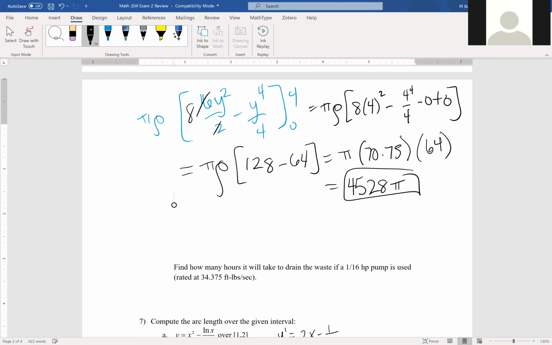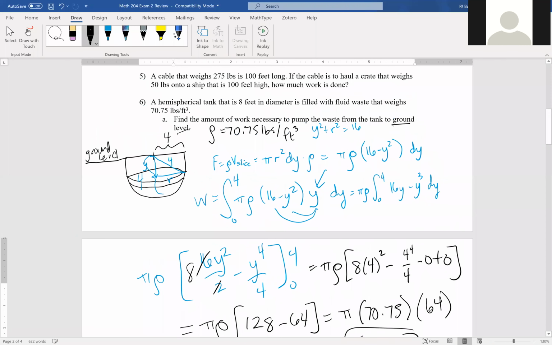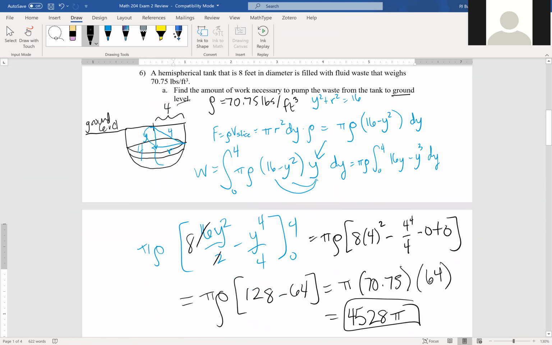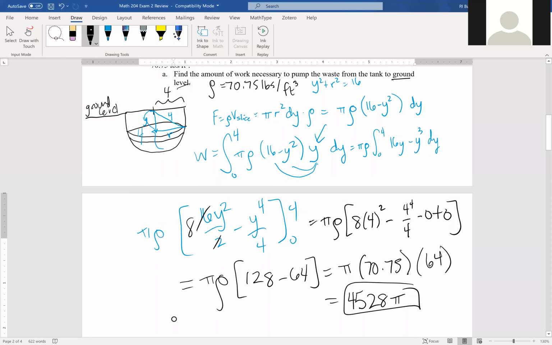That number looks kind of small though. So you multiply that by pi.